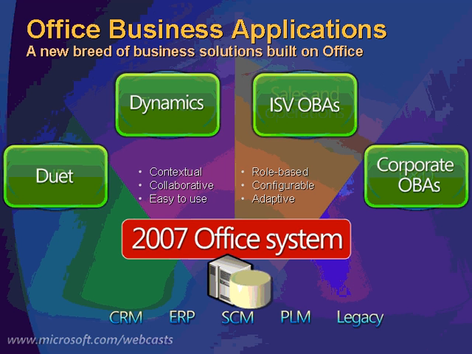So now that we've got the new 2007 Office system, we now have more of a unified platform and an infrastructure from which we can build these OBAs, as we're calling them. And we see a lot of movement in terms of the ISVs and the corporate environments, where we expect there to be a lot of development and movement for Office business applications.